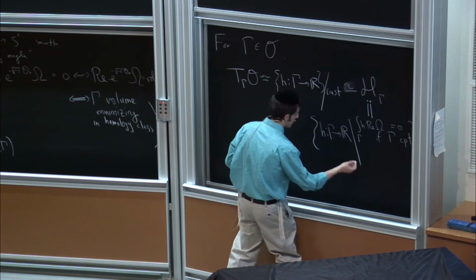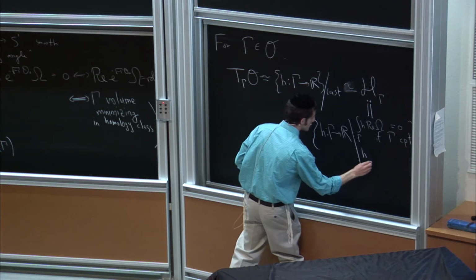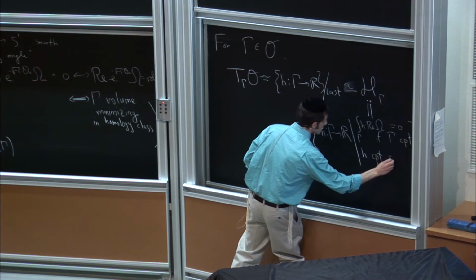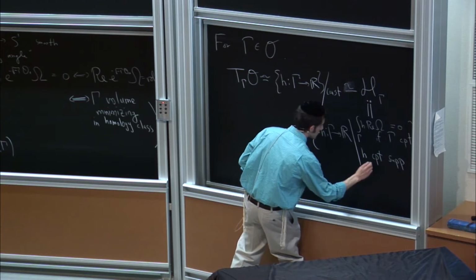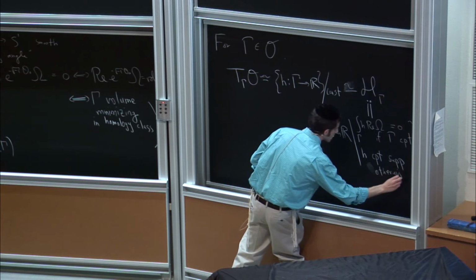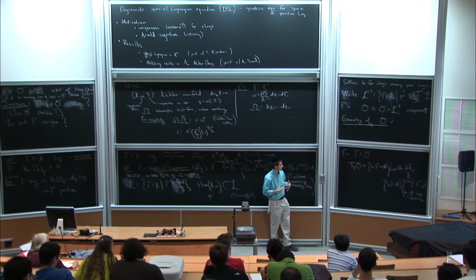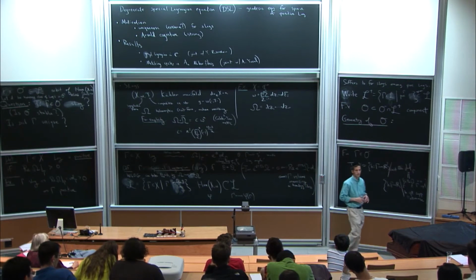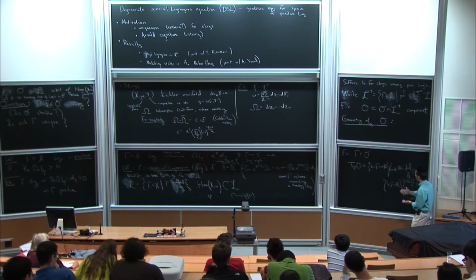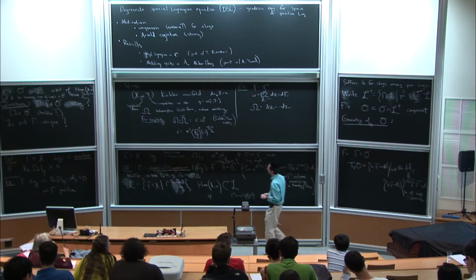And otherwise, I can just say that h has to be compactly supported. So for each deformation of a Lagrangian submanifold which comes from a Hamiltonian flow, I can assign a unique function.